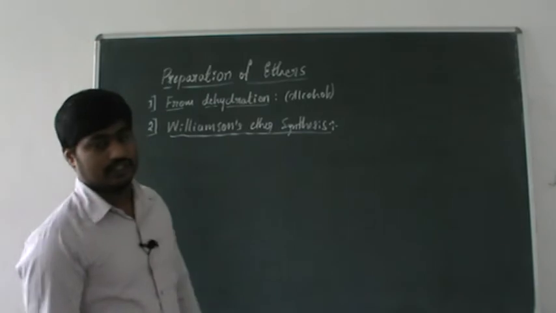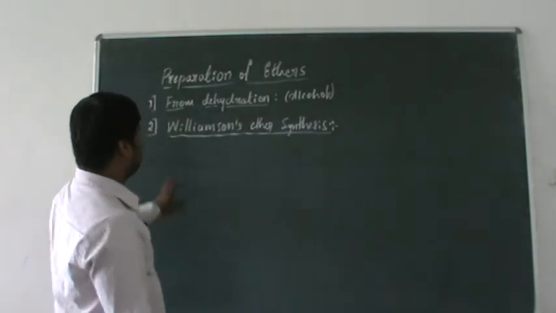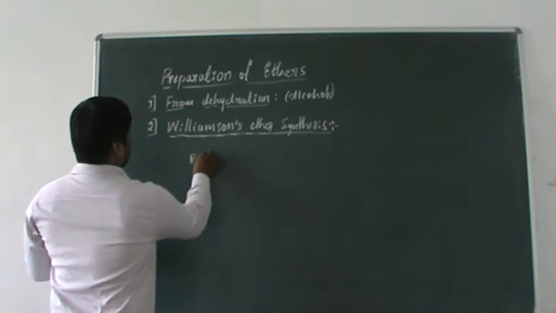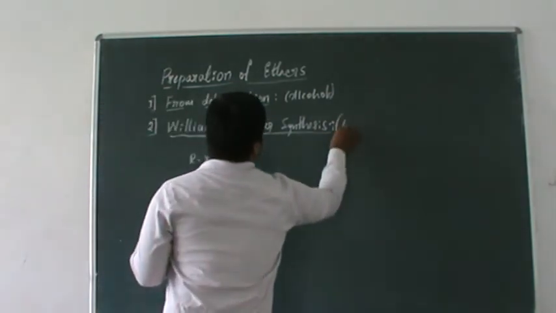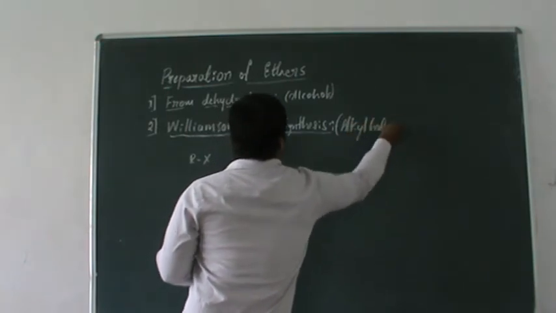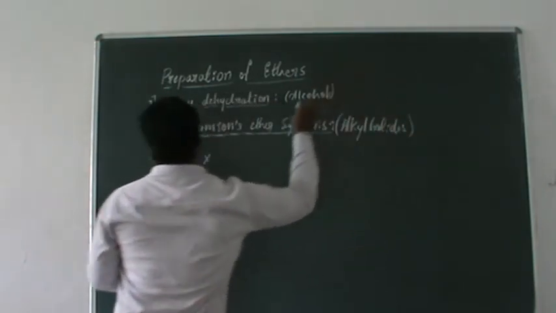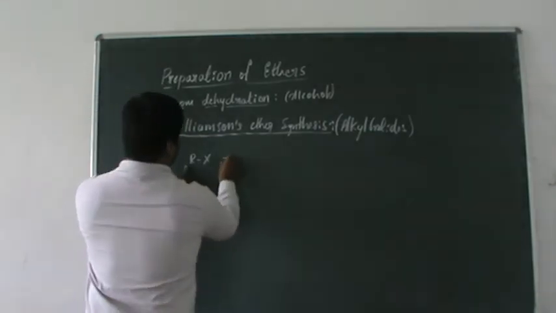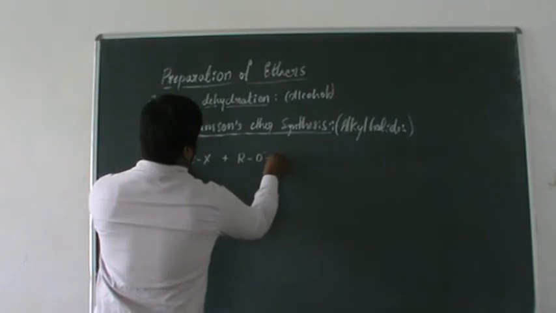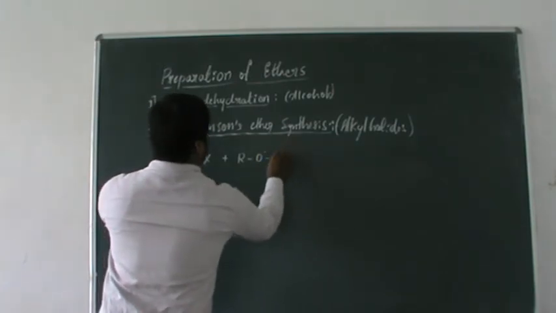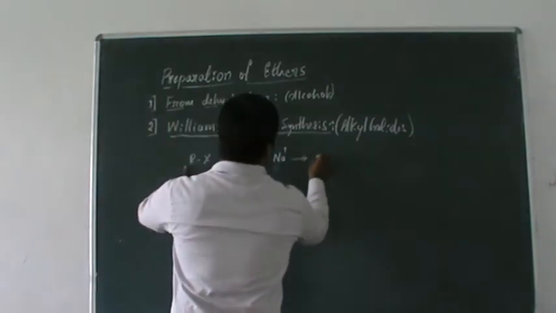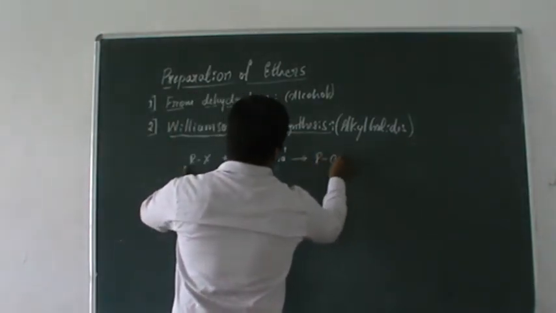Williamson ether synthesis is nothing but the reaction from alkyl halide. Alkyl halides RX react with sodium alkoxide and produce the corresponding ether.